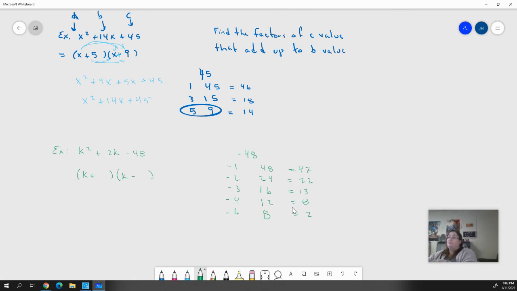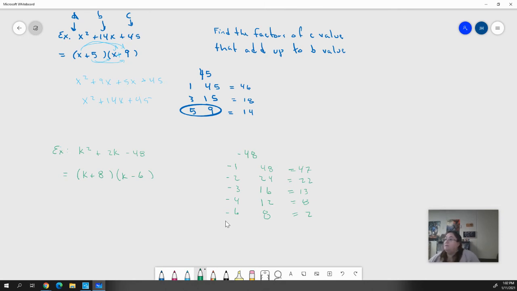Now, you don't have to do all this side work. I'm just showing you how it works. You're more than welcome, if you can figure that out in your head, to do so. What we want to look at here is, where do we put these? We've got the negative in front of 6, so let's put it in the negative box. We have the positive 8, so let's put it in there. These are our factors. If we wanted to, we could distribute them out to check.